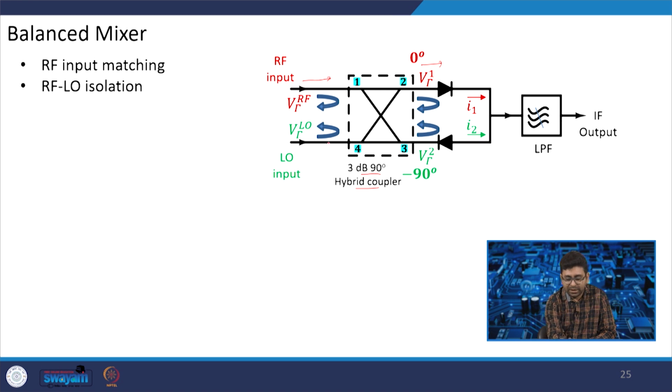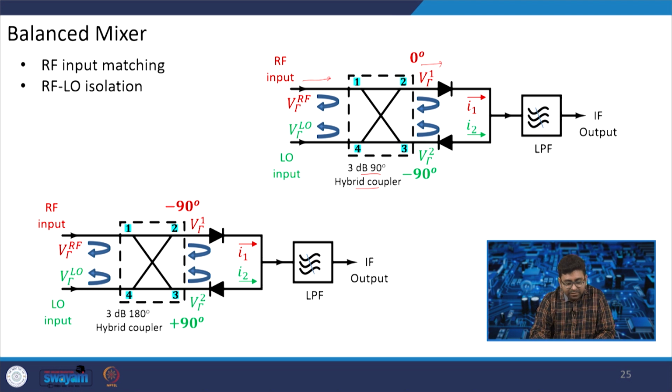Similarly, if the LO signal comes here, it has a through signal and a 90-degree phase shift here, and when both are combined, you will get the combined current at the output.